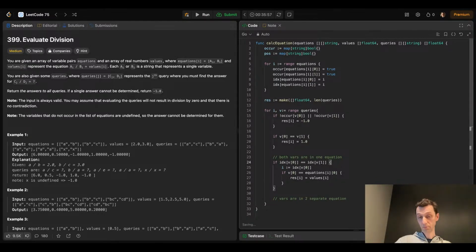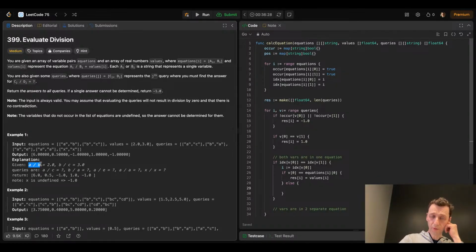Now the other case is if they're not, else. If it doesn't, then it's the opposite case. Then we need to take it. We had the result for AB, but the query is BA.